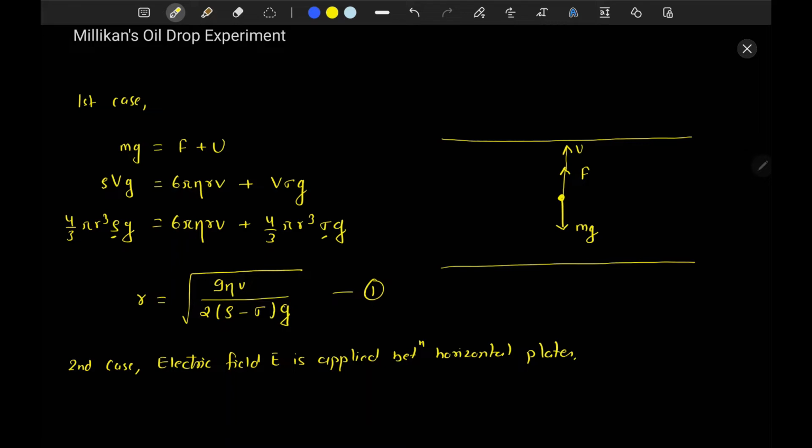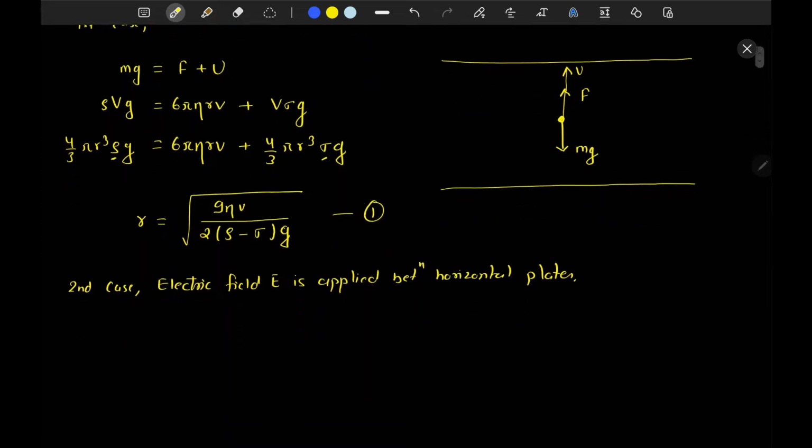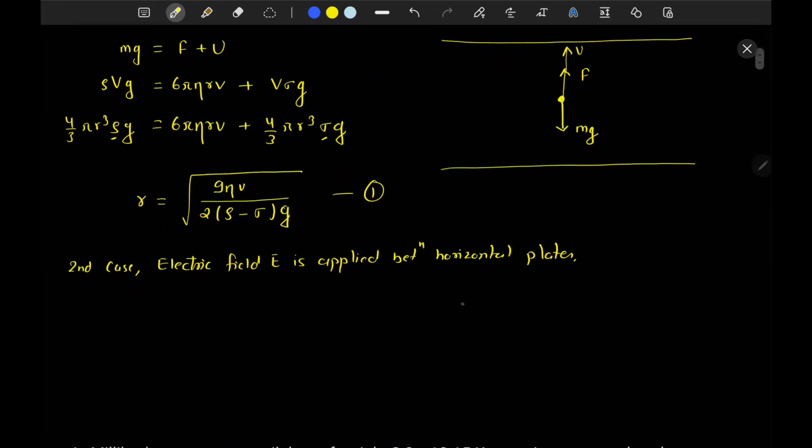In the first case, the electric field was absent, that is, it was not applied between the plates, and during that time only three forces were acting: weight mg in the downward direction, upthrust and viscous force in the upward direction. But in the second case, the situation is a bit different. Now we will consider the electric field between the two plates.